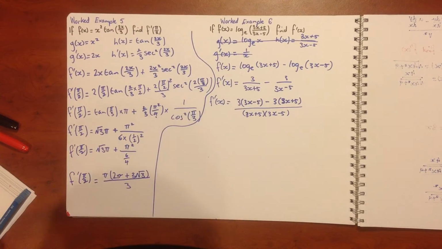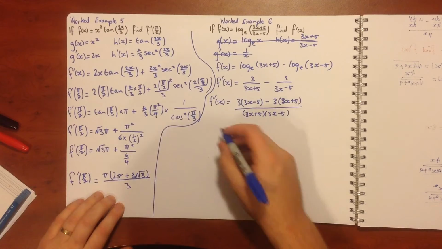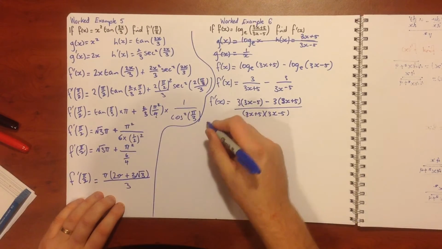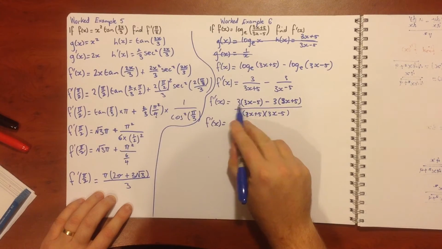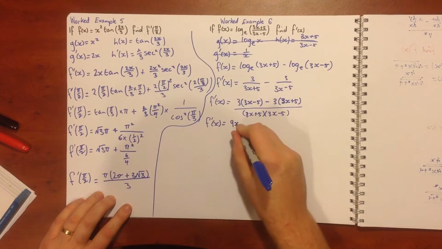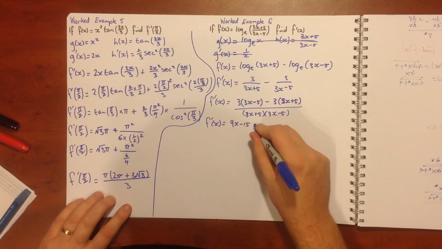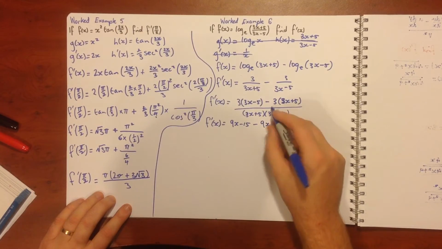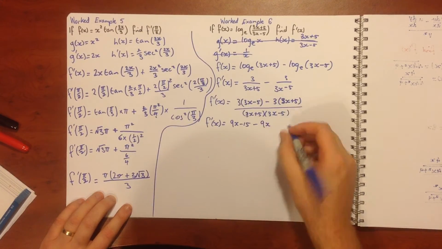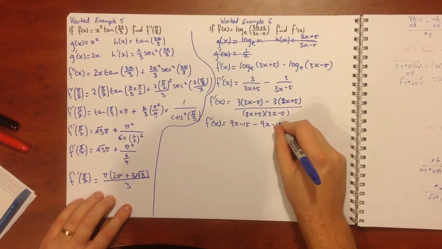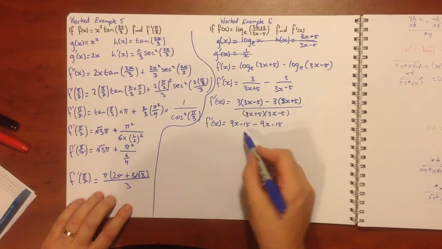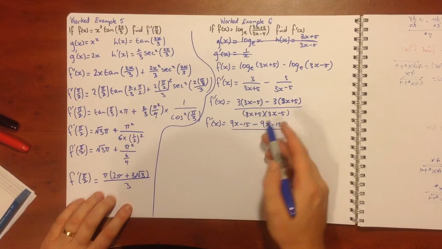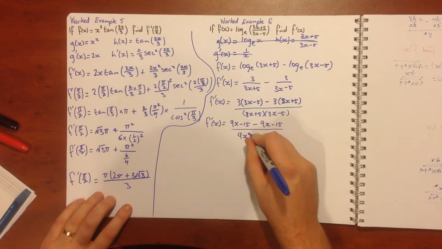So when we do that, we can expand out our top line and our bottom line for that matter, f dash of x. Well, we've got 3 times 3x will give us 9x minus 15 minus 9x, and we're going to take 15. Oh sorry, can't forget our bottom line. 3x by 3x gives us our 9x squared.